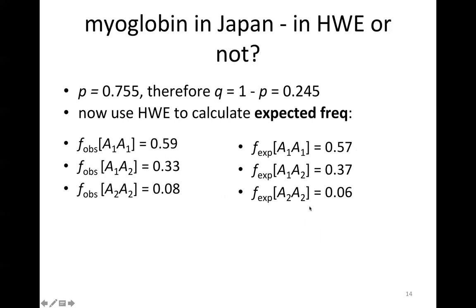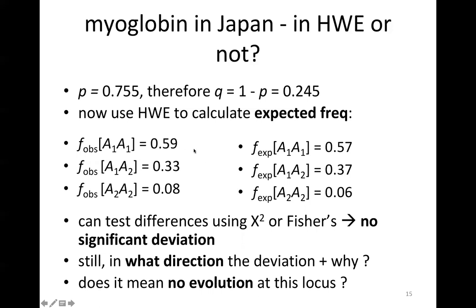These are the numbers we get. So as you see, pretty similar. But how can we decide if these frequencies are really different or not? The frequencies, or the proportions, won't be enough. We'll need the actual number of observations for each of these 3 classes, and then we can do a chi-square goodness of fit test, for instance.